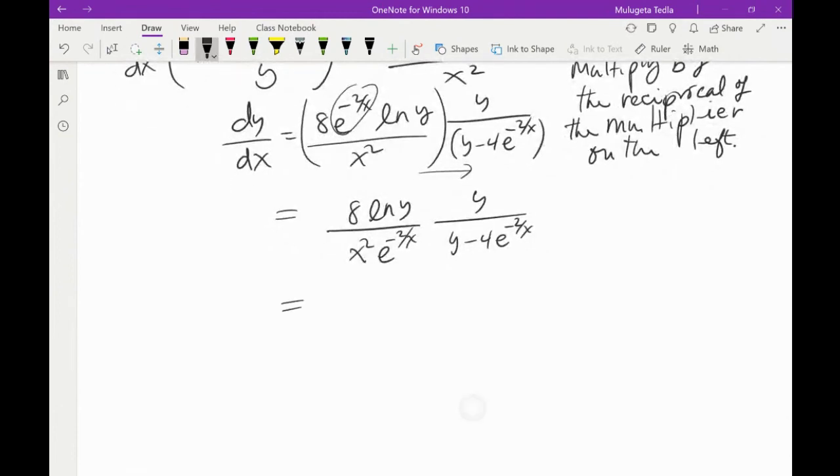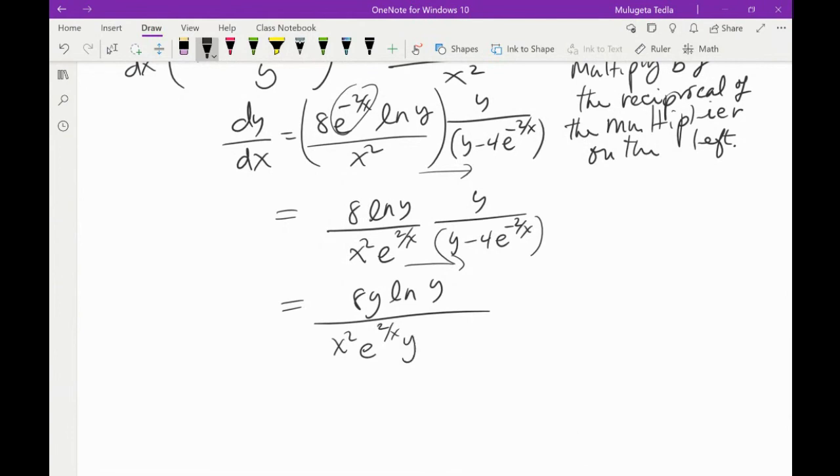So this is 8y ln y over, so over I have to multiply by this over here. So x squared times e to the 2 over x, positive, right?